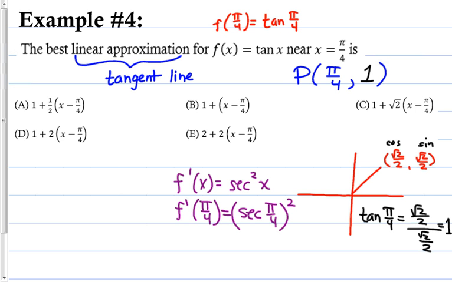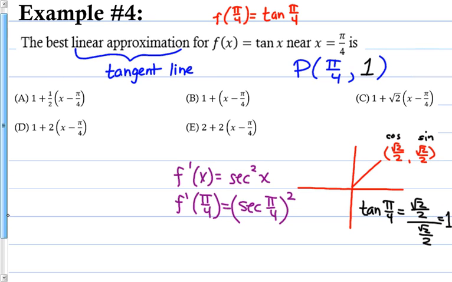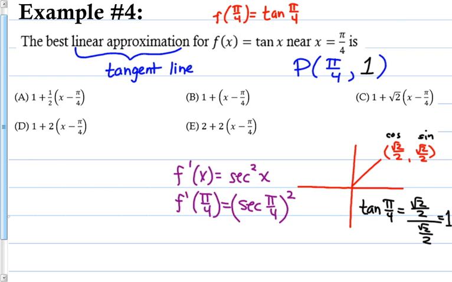Okay, so secant, let's see. Let's refresh ourselves here. Secant is the reciprocal of cosine. So I'm going to look at cosine on my beautiful little unit circle I drew over there. And it's square root of 2 over 2. Secant is the reciprocal.